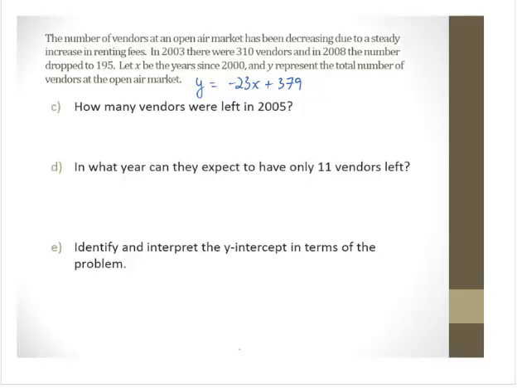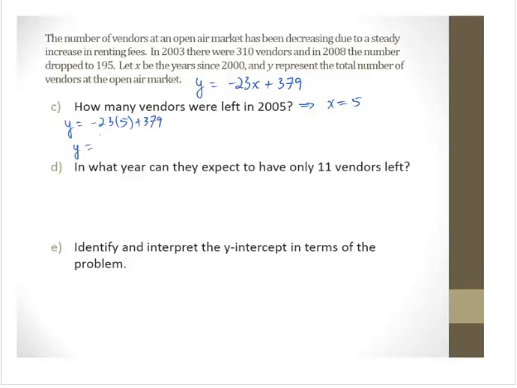All right, so now that we have that model, let's answer a couple of questions. Part C asks us, how many vendors were left in 2005? So 2005 means that x was 5. So then y would equal negative 23 by 5 plus 379.